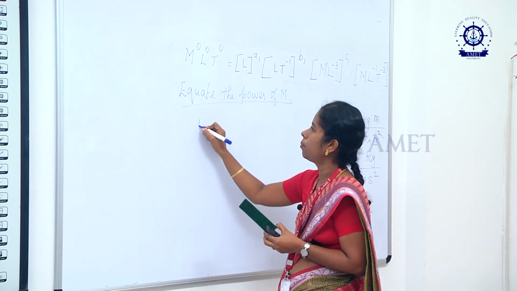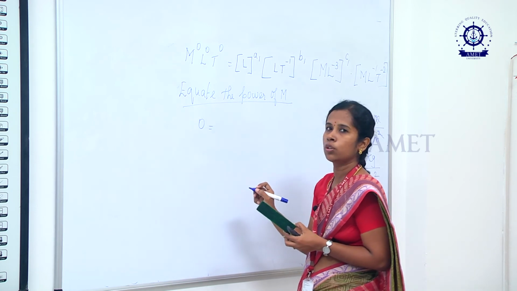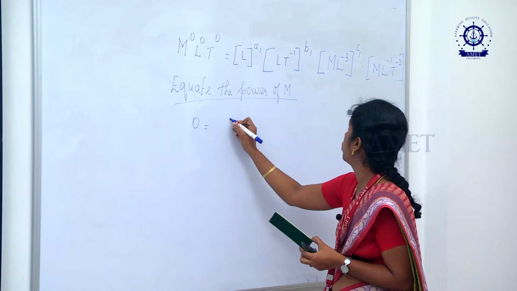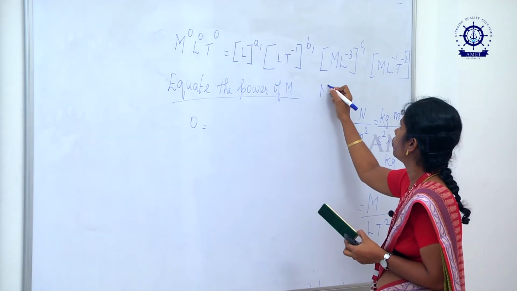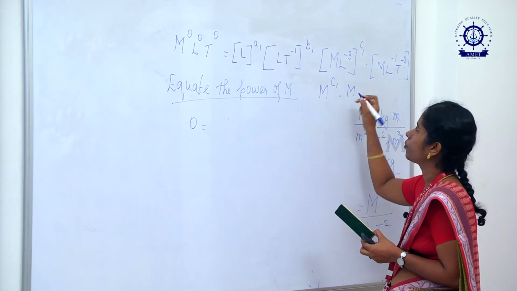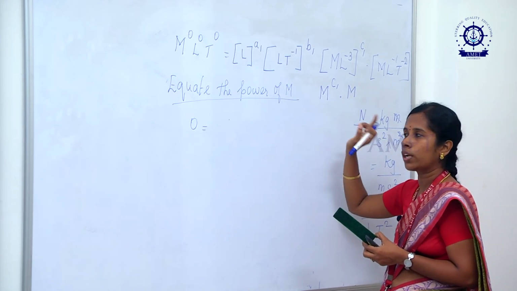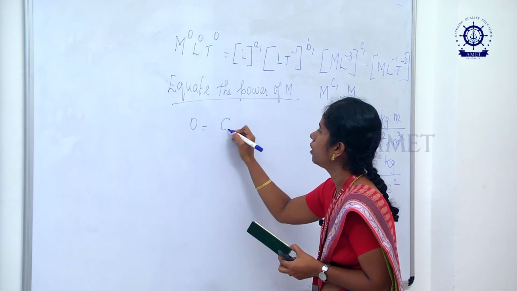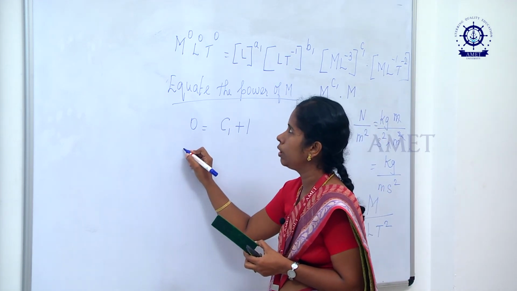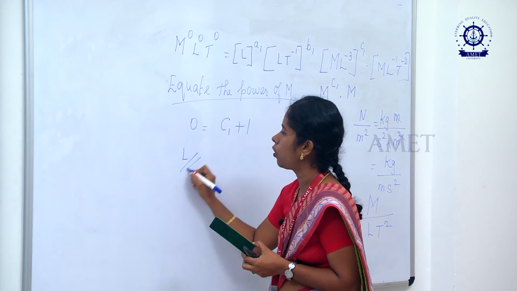So, it is M power 0 on this side, and this side it is M power C1 into M. When the bases are the same, you can add the powers. So, I can write C1 plus 1. Now, next step will be, you have to equate the power of L.